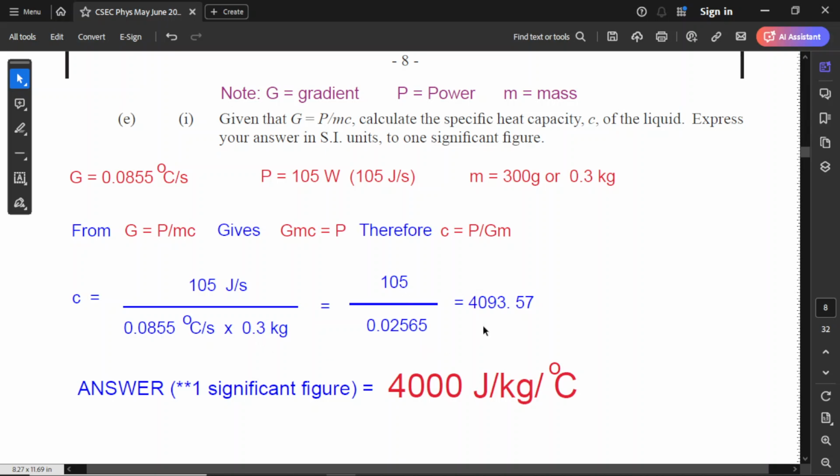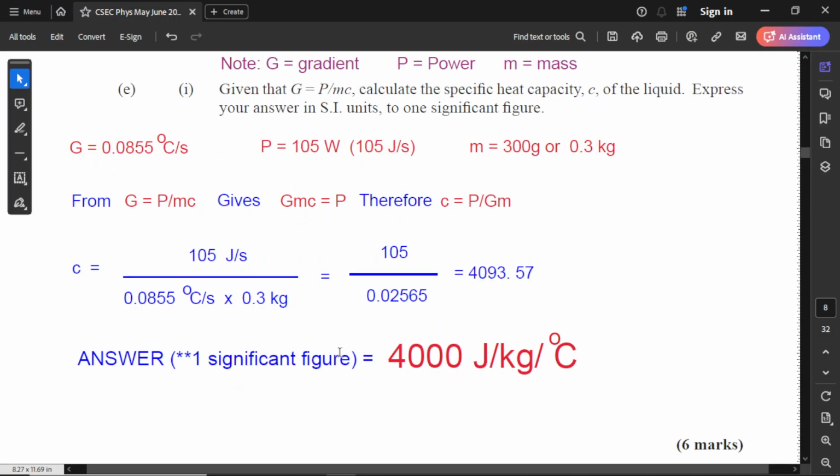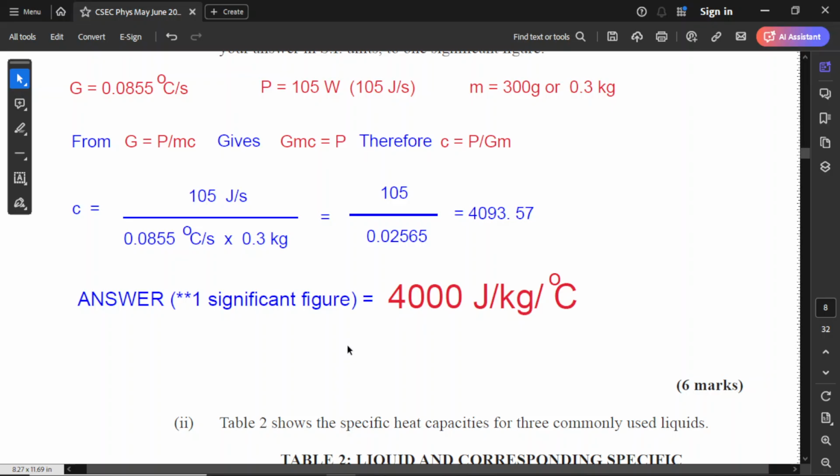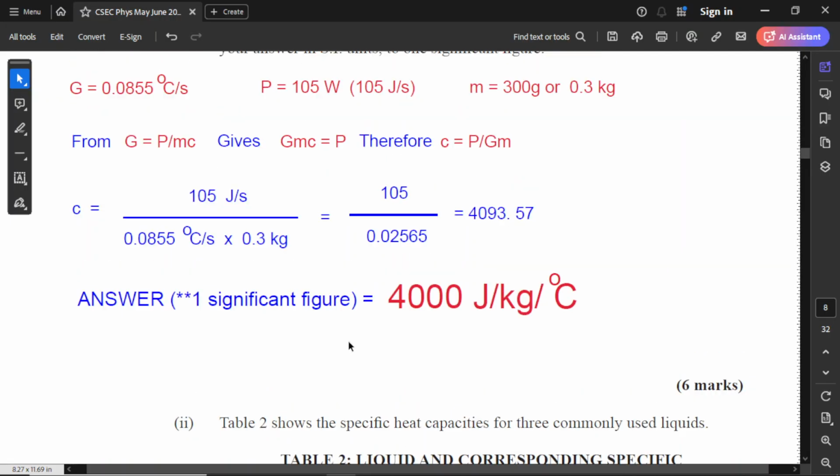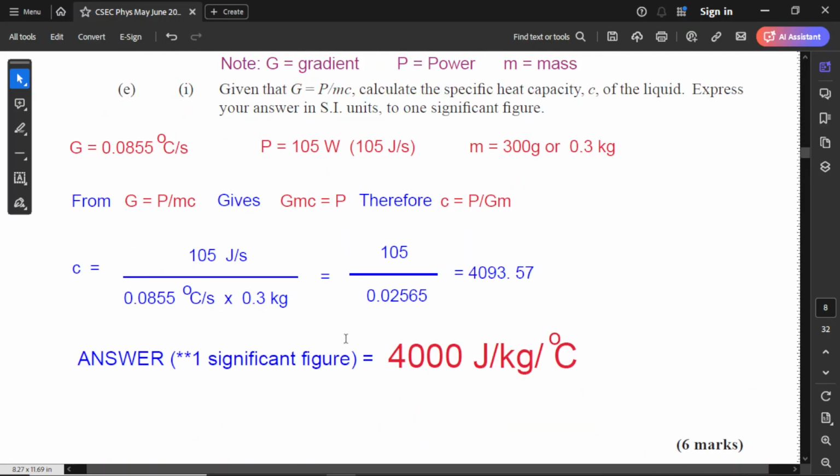And so our final answer will be 4,093.57. And to one significant figure, it is equivalent to 4,000 joules per kg per degrees Celsius. All right, so that will be our answer there for a whopping 6 marks.